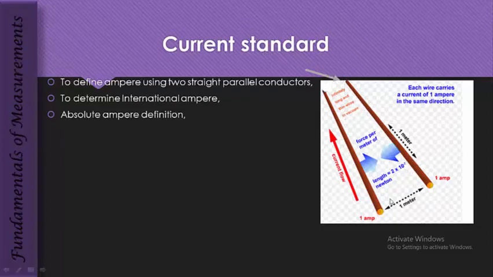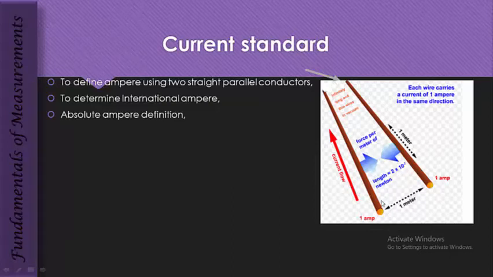When this is done, it exerts a force of 2 into 10 power minus 7 Newton, and the current measured for that particular force, we call it ampere. That is how ampere was defined for this particular experiment.